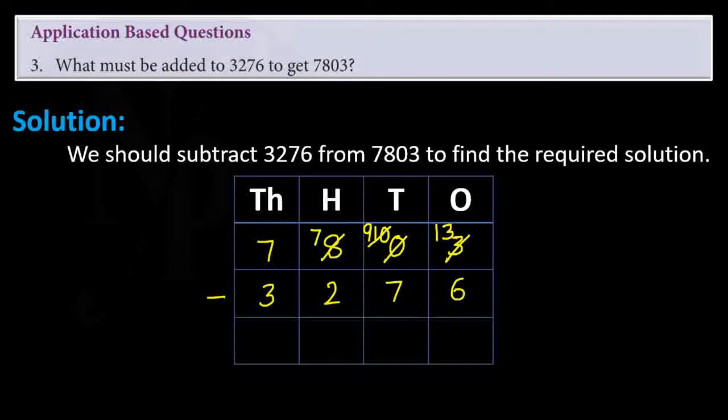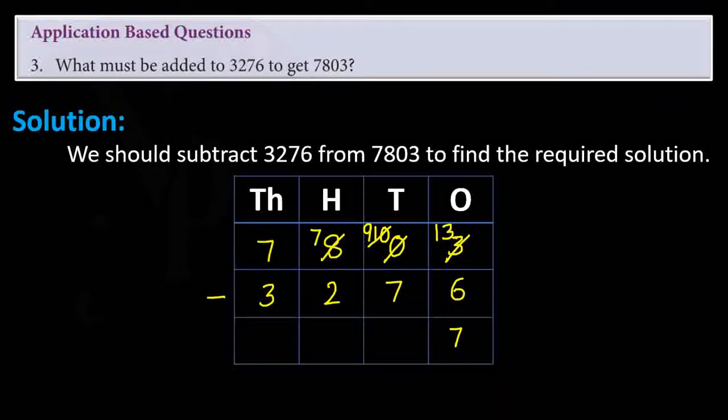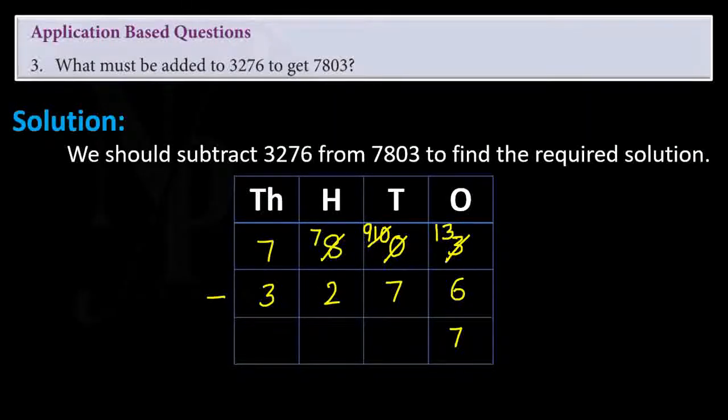So subtracting 6 from 13 ones, we get 7. Or in simple terms, subtracting 6 from 13, we get 7.